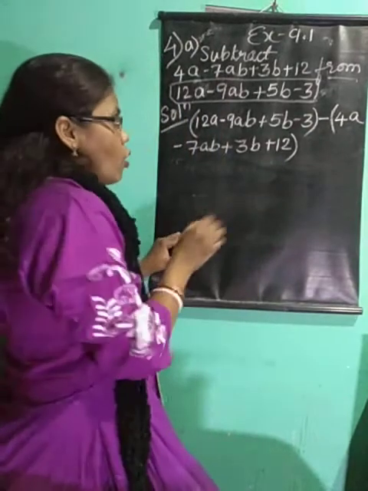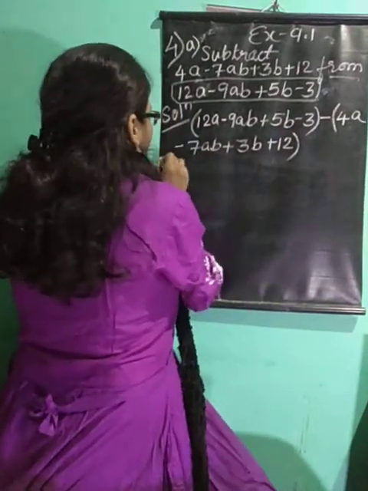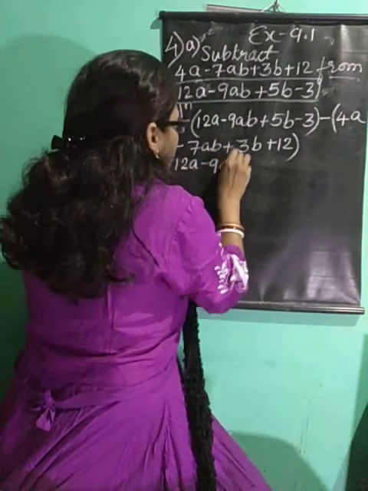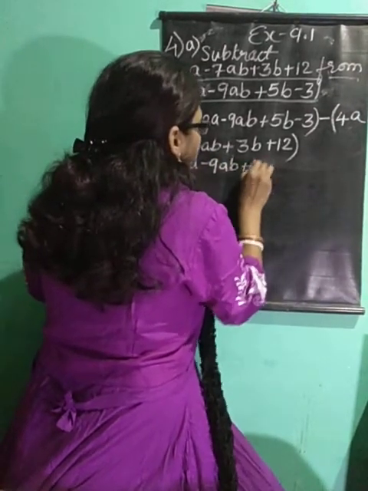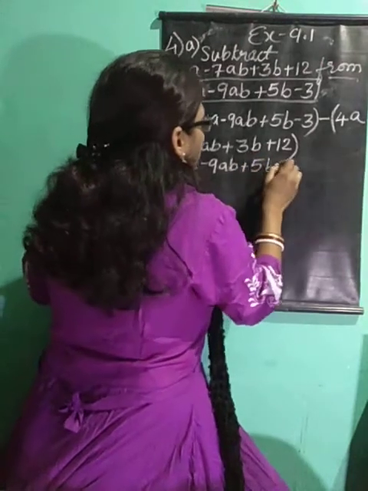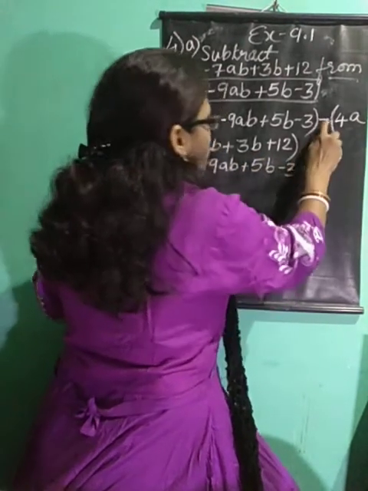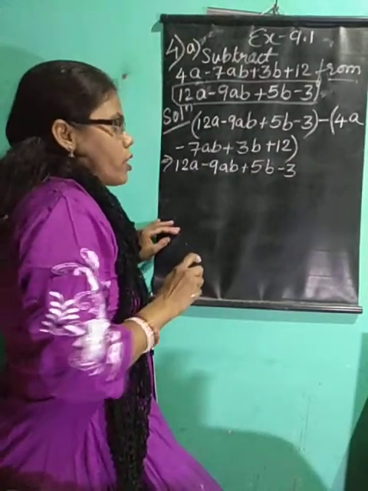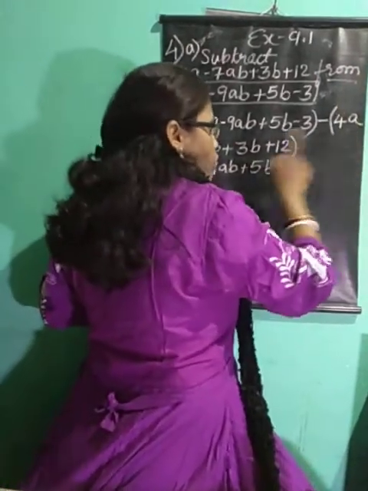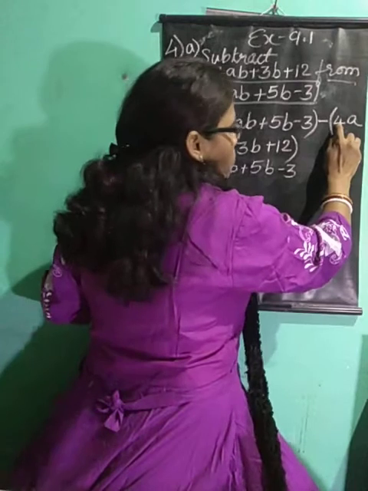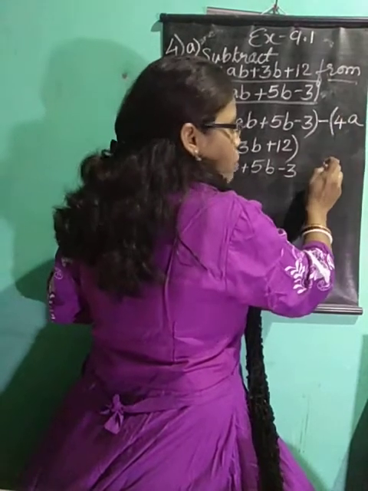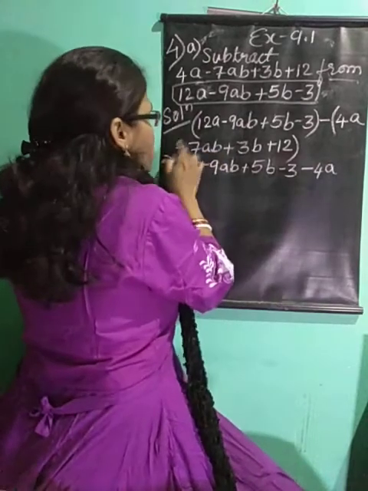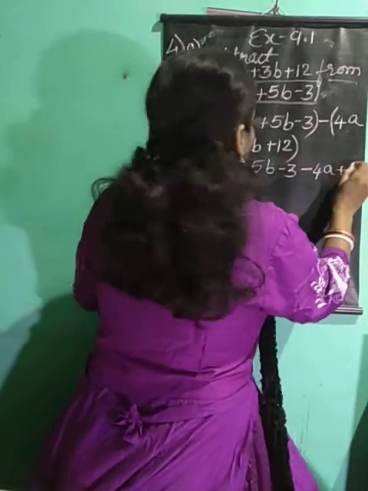The first expression you write as it is: 12a minus 9ab plus 5b minus 3. Now here a minus sign is there, so when you are opening the bracket, you will have to change the sign of each and every term. Inside the bracket it is plus 4a, so you will make it minus 4a. Here it is minus, you will make it plus 7ab.